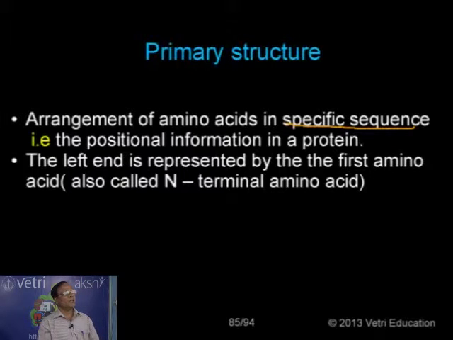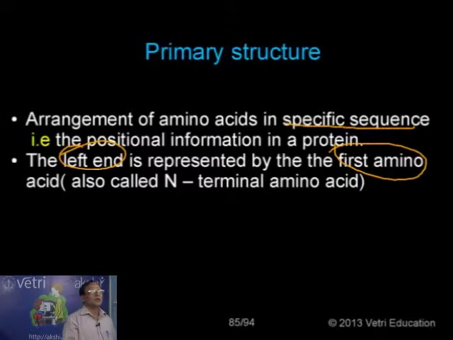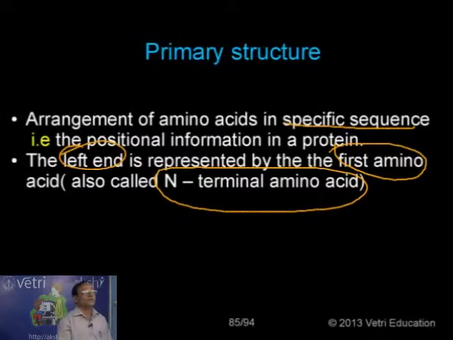Suppose, for example, in a primary structure, normally the left end is represented by the first amino acid, where you have a free amino group.